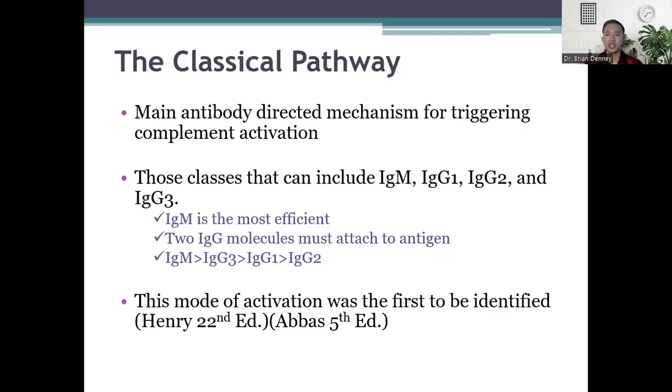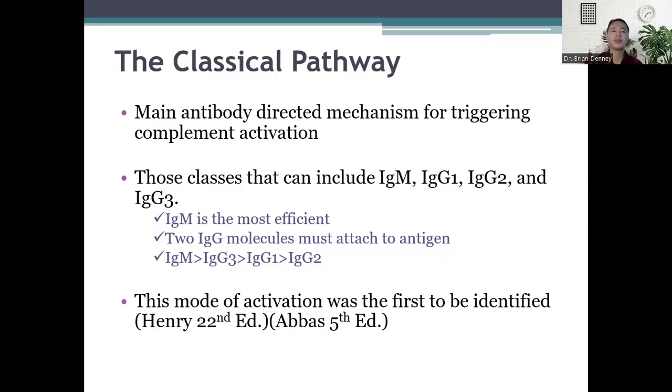Why most efficient? Remember, you learned in your previous lectures that IgM is a pentameric structure, meaning it's a big immunoglobulin, and by being big, the advantage is that it has many binding sites.